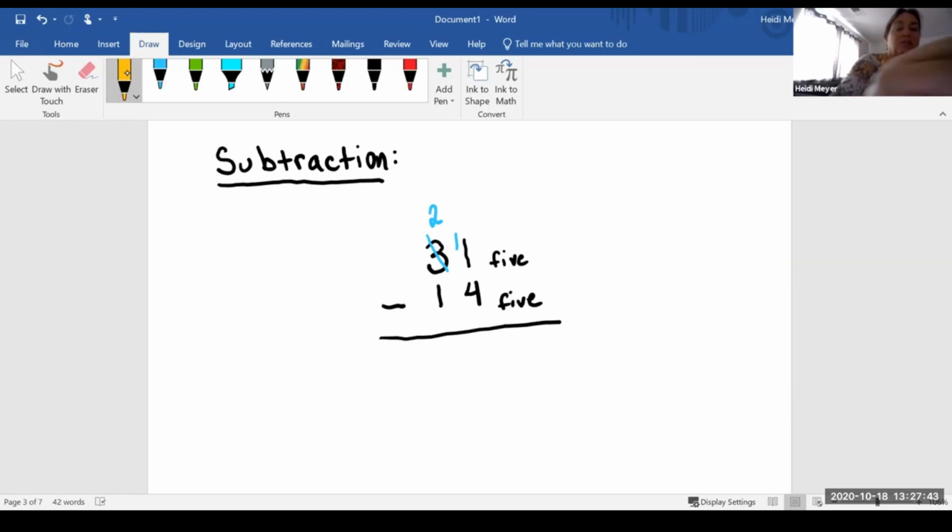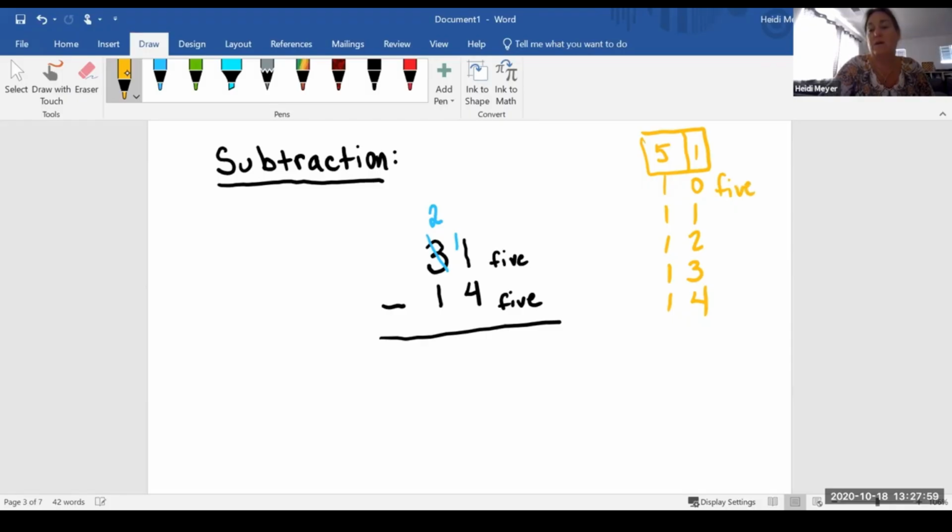Because subtraction is a little harder to think about than addition, I'm going to go ahead and make our little cheat sheet. 1 0, 1 1, 1 2, 1 3, 1 4. This is 5, 6, 7, 8, and 9.